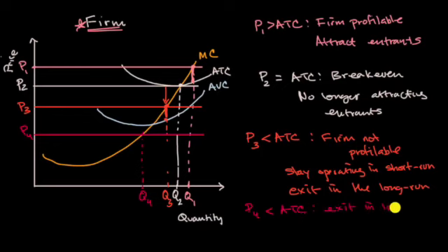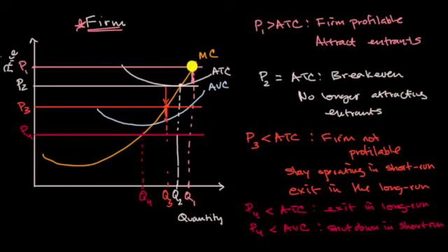But you wouldn't even wait that long to sell your factories. Because P sub 4 is less than your average variable cost, you would also just shut down in the short run.